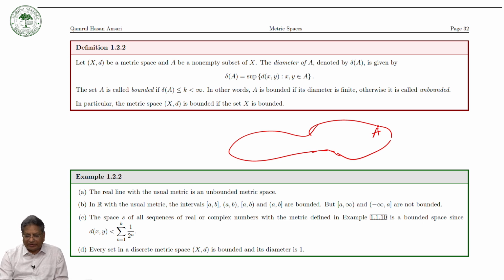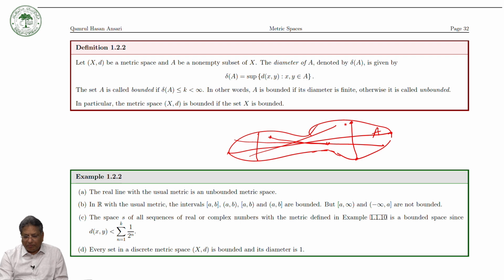You take any two points, take this distance, this distance, from this point to this point, and take all the distances and take the supremum of such distances.